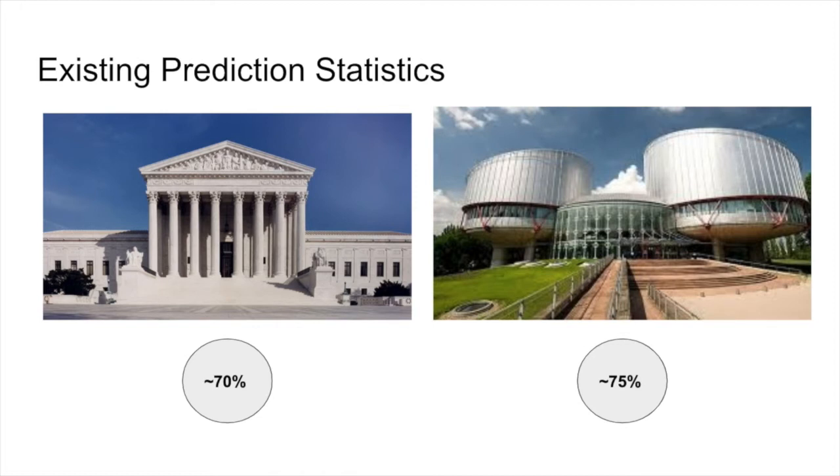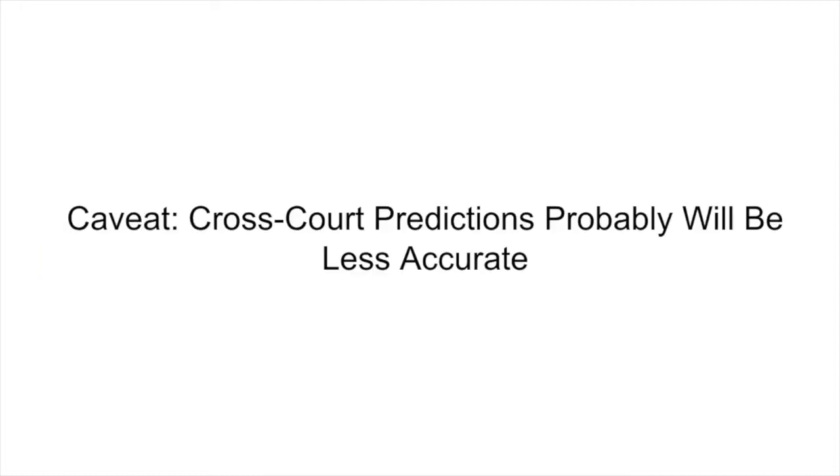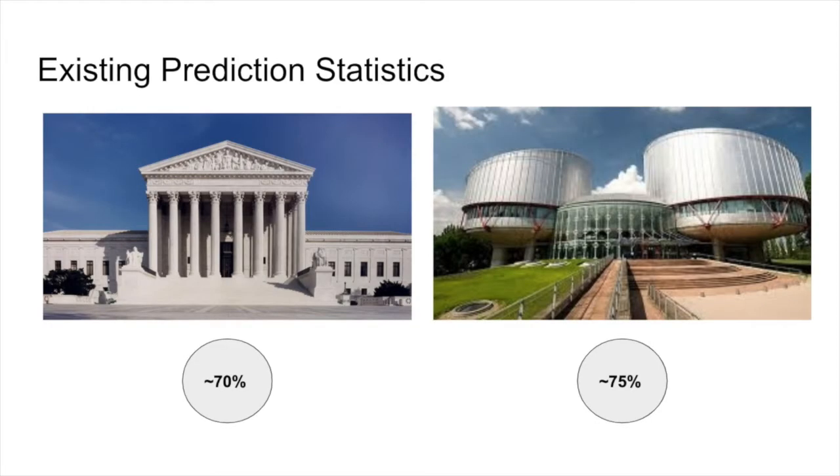Now, what's actually happening here? In each of these cases, I'll get to this in a second actually, but the fundamental idea is that these are baselines. There's a caveat here in that cross-court predictions are probably going to be less accurate. People have used individual idiosyncratic data for each of these courts to make predictions about what those justices or jurors or judges will say about a future case, which makes a lot of sense if you have enough of that data, right?